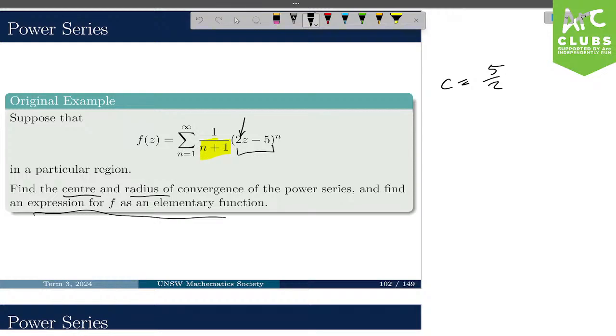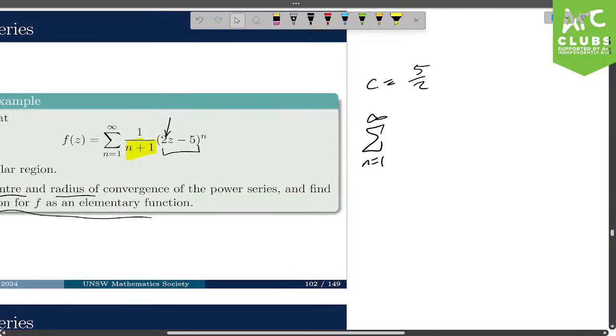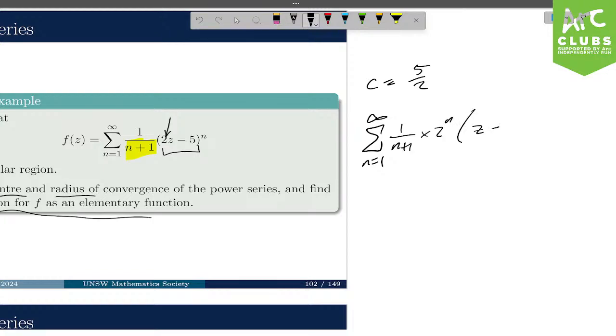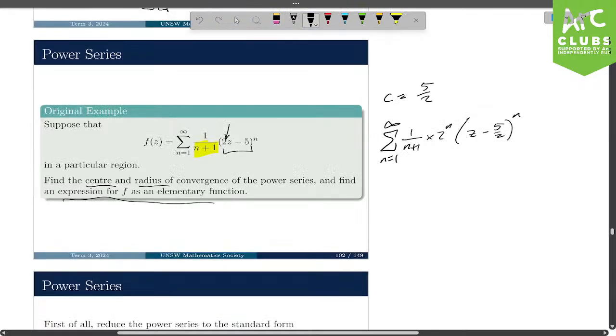We can normalize the form into the summation from n equals 1 to infinity of 1 over (n plus 1) times 2 to the n, outside of (z minus 5 on 2) to the n. Alright, so just understanding this, our ratio is dominated by 2 to the n.